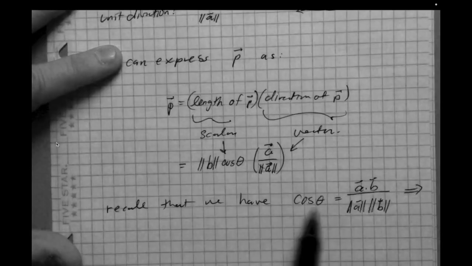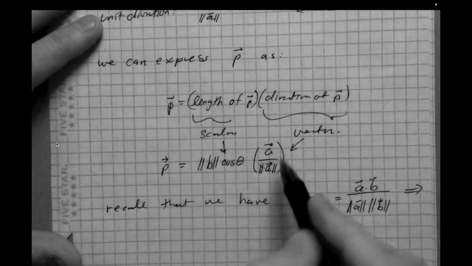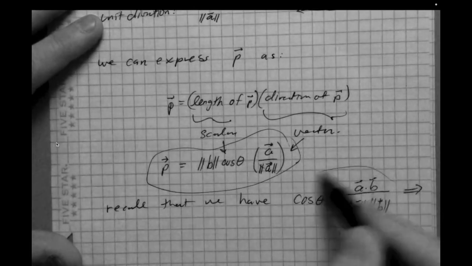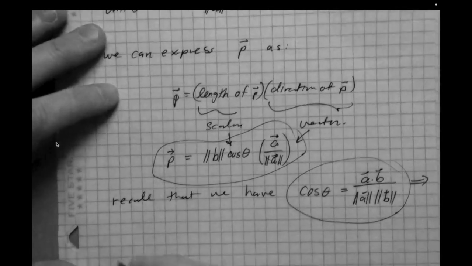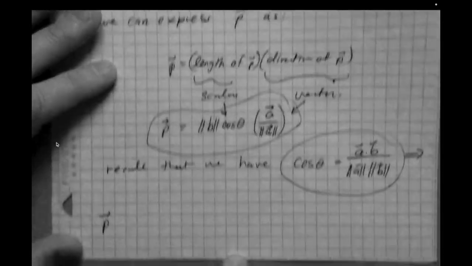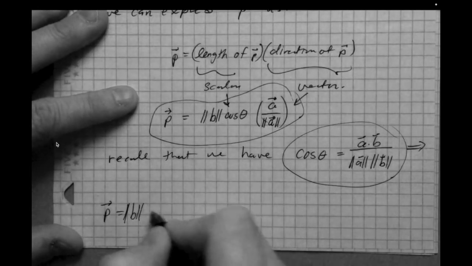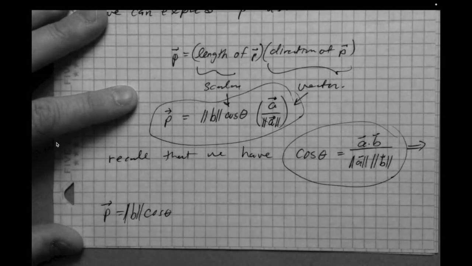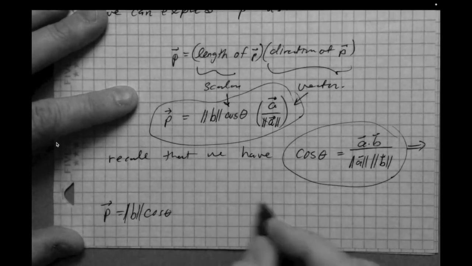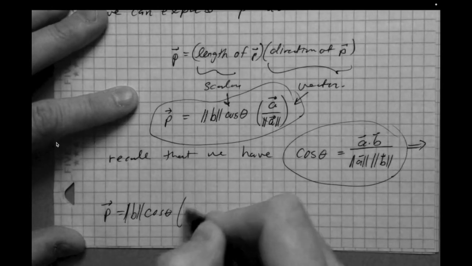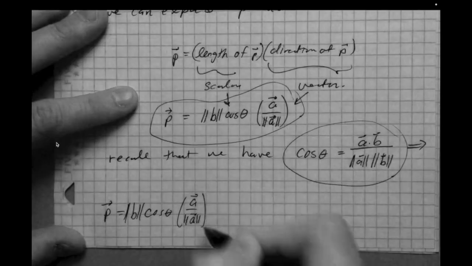Taking these two pieces together, we get P is equal to, let me rewrite this quickly: the norm of B times cos theta gets you the magnitude of P, and then A over the norm of A gets you the direction.